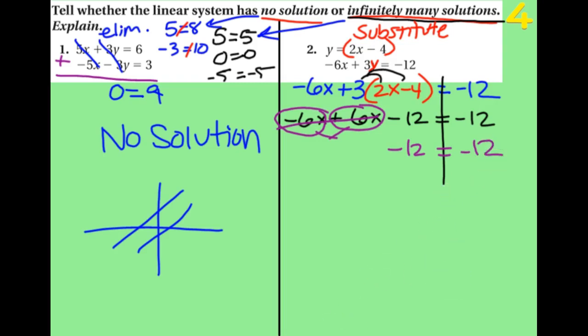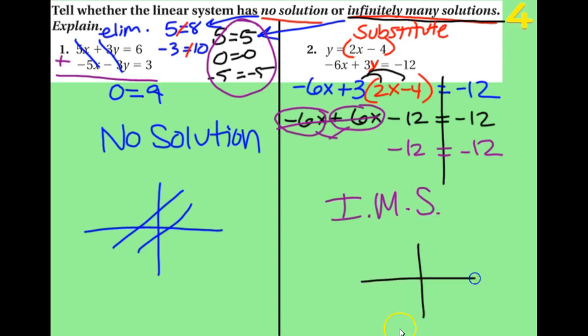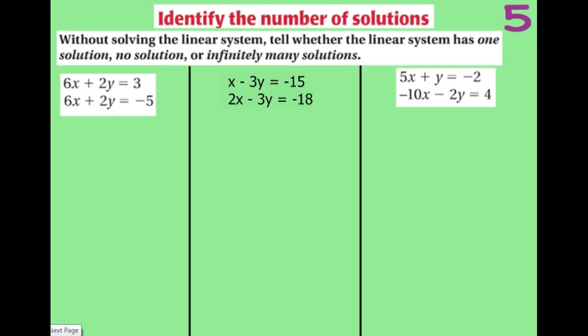Well, yes, negative 12 is always going to equal negative 12. Just like one of these solutions here, this one is infinitely many solutions. Meaning that if we were to graph it, it would be two lines that are exactly the same. No matter what you plug in for x and y here, negative 12 is always going to equal negative 12.